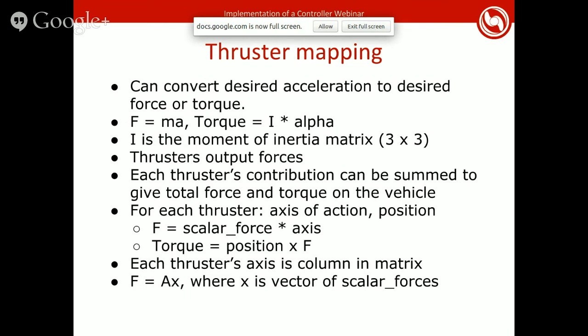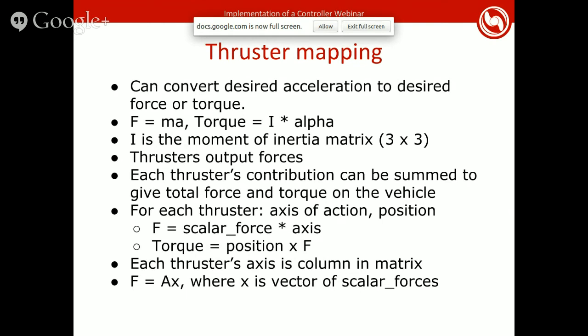So this matrix A, which I just called A because it was the first letter of the alphabet, characterizes where your thrusters are pointing and how their force provides a torque on the vehicle. This can either be a 6 by n matrix, or a 3 by n matrix, depending on whether you want to do forces and torques together.